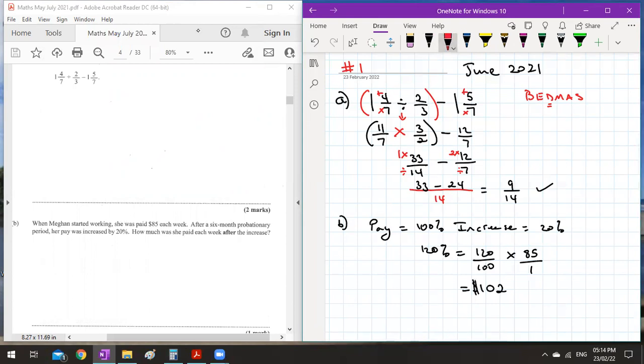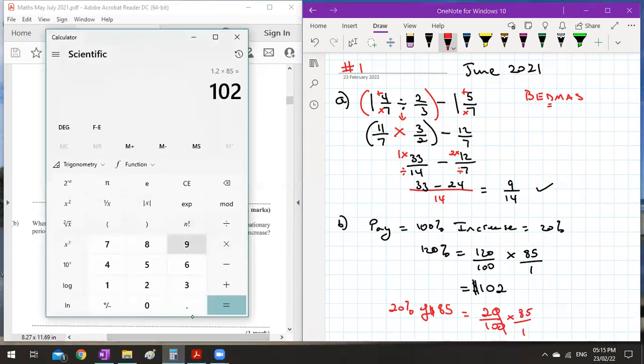The alternative way is to find what is 20% of $85 and then add it back, right? So 20% of $85 will be 20/100 times 85/1. You'll get 0.2 here, right? And 0.2 times 85 is $17.